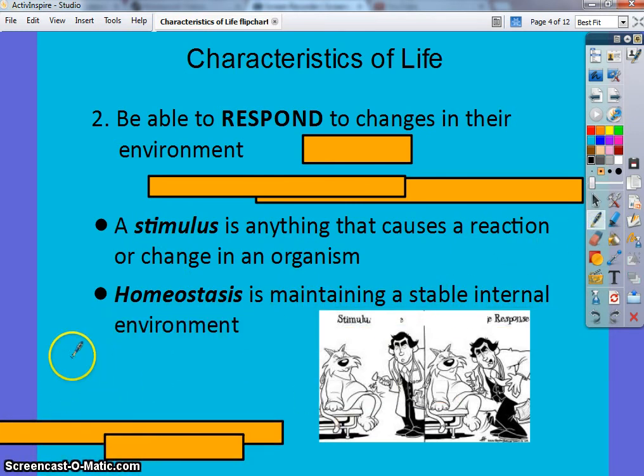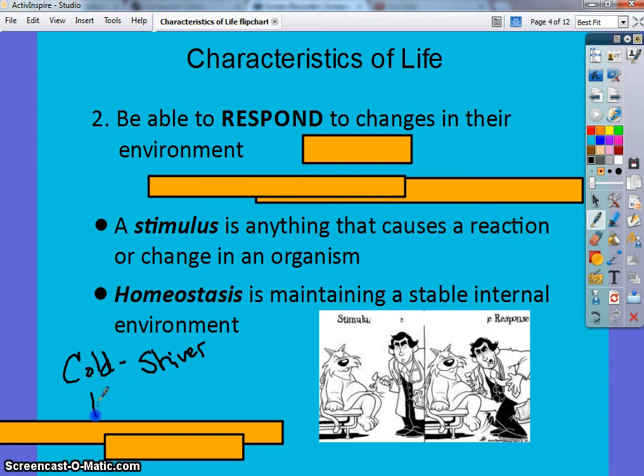So for example, if you're cold, okay, there's something that your body does to make sure that you stay warm, or as warm as possible, keep your body temperature up. So when you're cold, you start to shiver. And that's your body's way of saying, okay, muscles, you need to contract as fast as possible. It's going to generate heat. That's going to keep your inside warm.